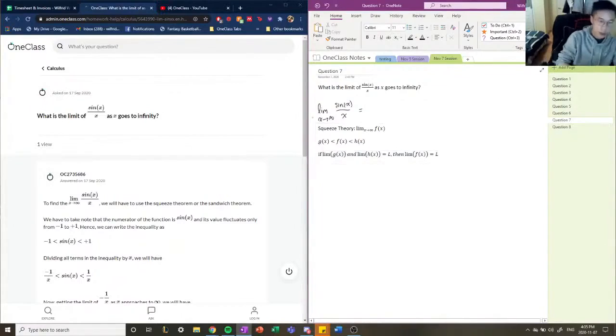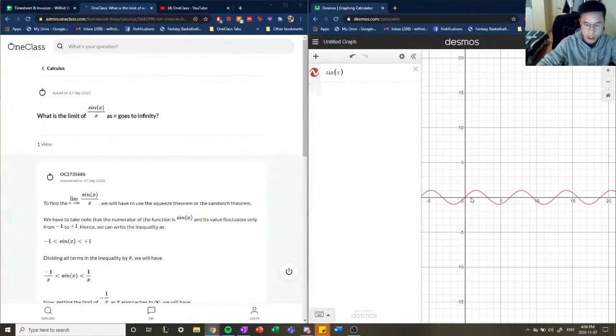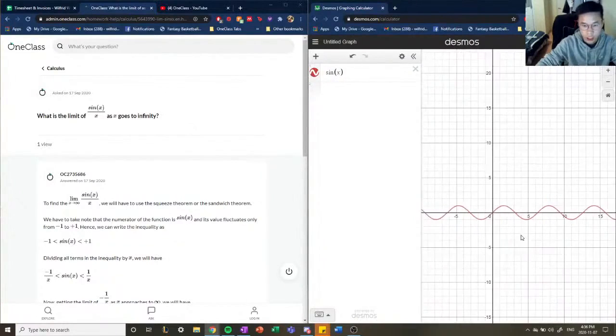So let's try. All right, so let's talk about sine, for example. For one, we know that sine of x is always going to be contained between +1 and -1, right? So we look at the function sine. Let me graph it for you guys. Sine of x. We always see that the range of sine of x is restricted to +1 and -1.